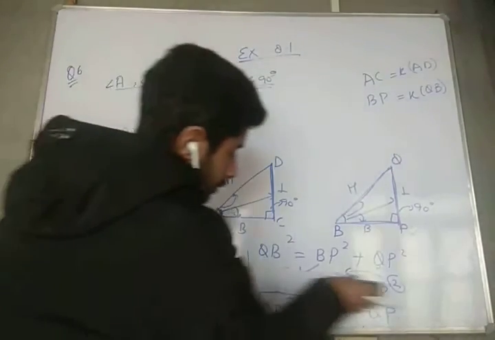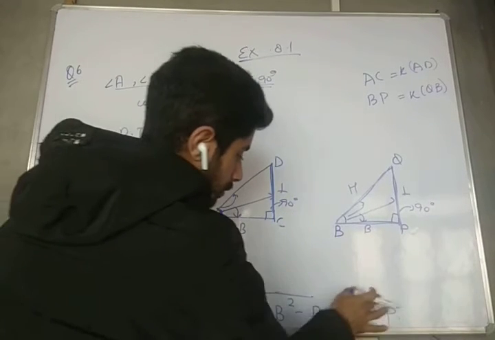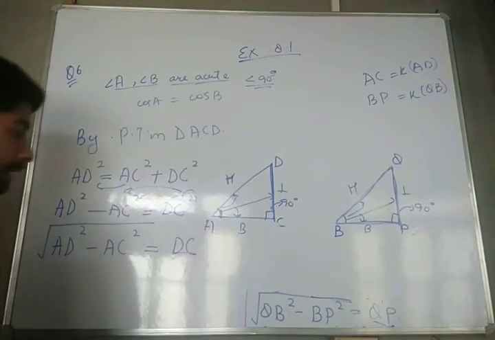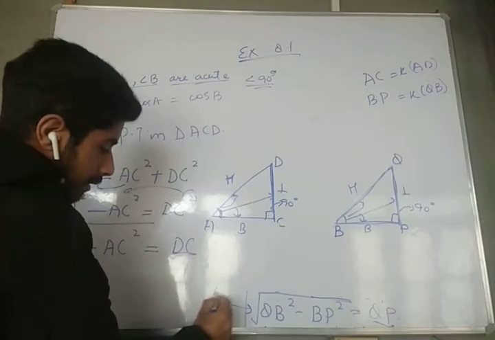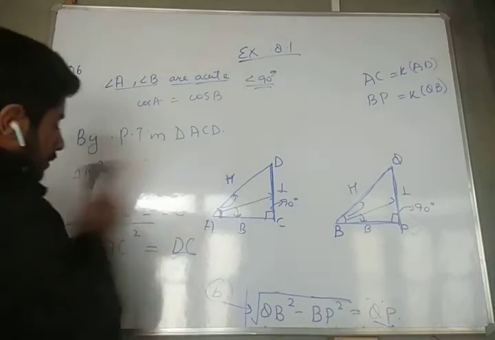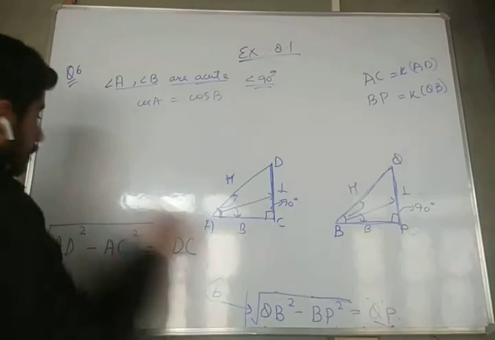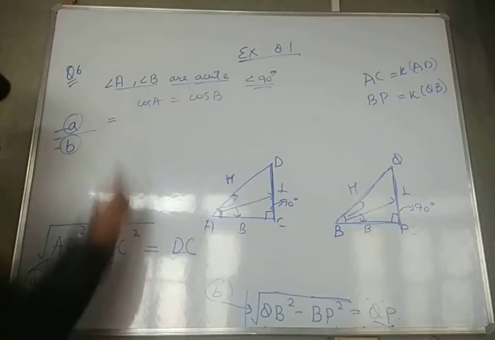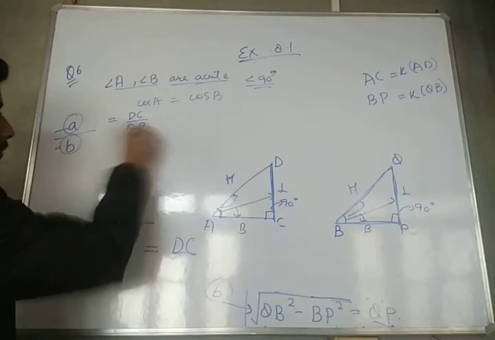See, we got these two equations, one for this QP and one for this DC. Let's denote this as equation A and this as B. Let's divide equation A by equation B. That means we are doing this DC by this QP.